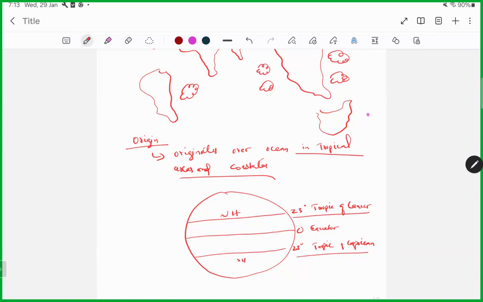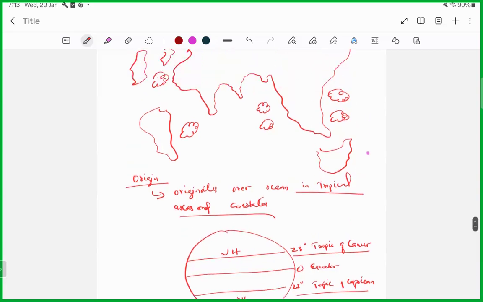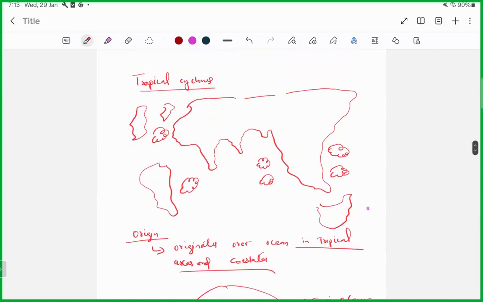All right. So they are known by different names in different regions. Did you know that cyclones have different names in different regions? Yes, sir. All right, so name them, please. Typhoon. Typhoon is where? In the South China Sea, they are known as typhoon. And in India, what is it known as?